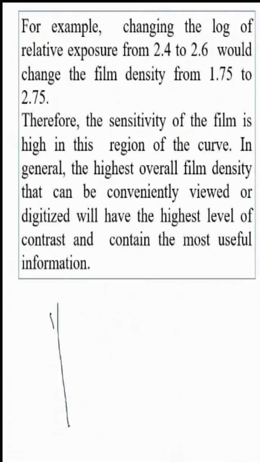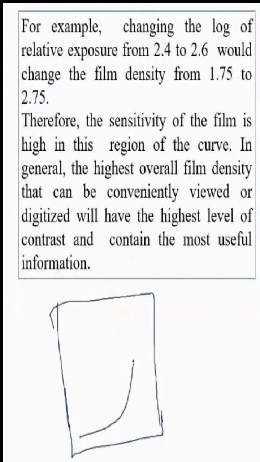We'll take one example. Although you, as a radiographic film interpretation person, won't be required to do this, but still for the sake of understanding, we will have it. Suppose we have this, which is called LRE.